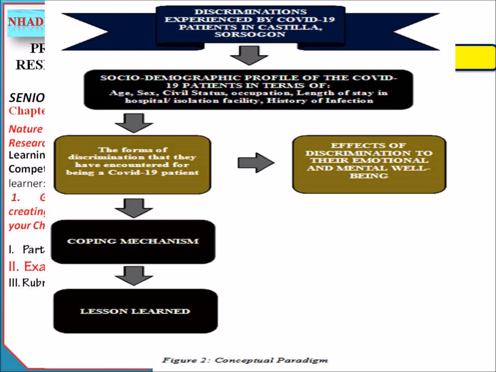Their SOP 1, socio-demographic profile of the COVID-19 patients in terms of age, sex, civil status, occupation, length of stay in the hospital, and isolation facility or history of infection. Next, we have the forms of discrimination, the effects, the coping mechanism, and the lessons learned.